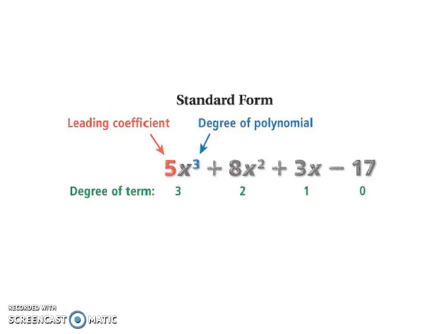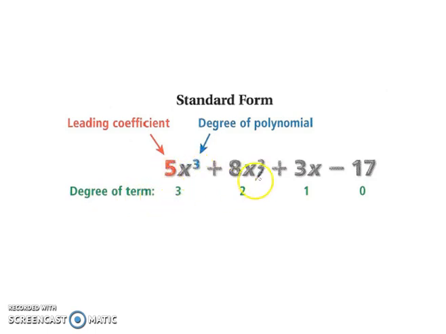Standard form. The leading coefficient is the number in the lead, if you will, and it's the number in front of the variable. A leading coefficient is a coefficient, so it's just the constant in front of your variable. Your degree of each of your polynomials is going to be the largest degree. So notice how the degree of each term is listed below.